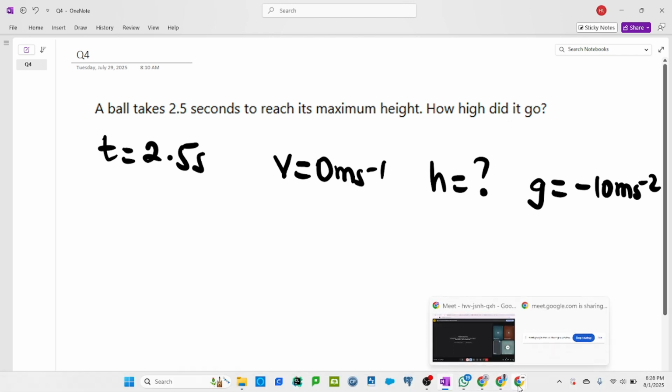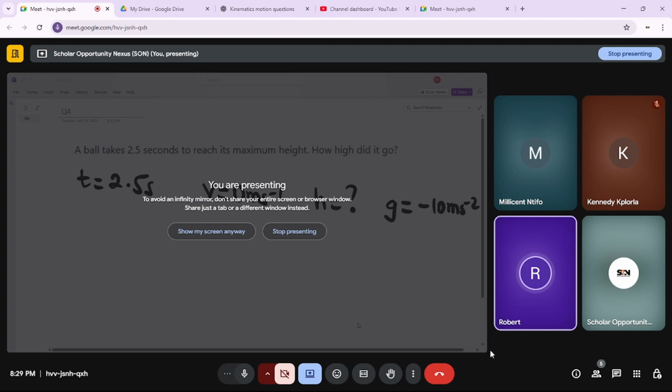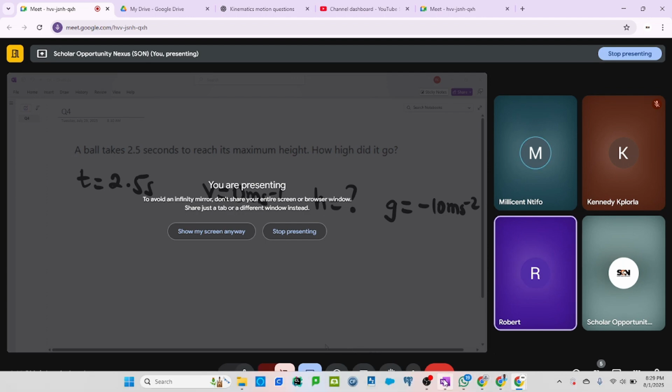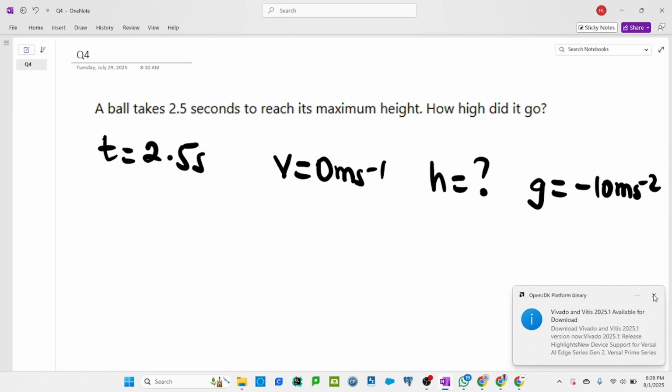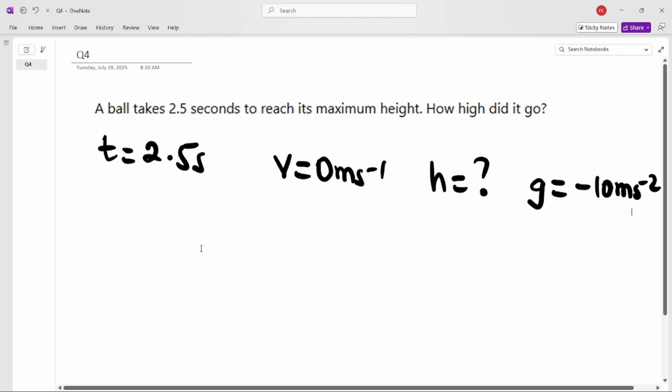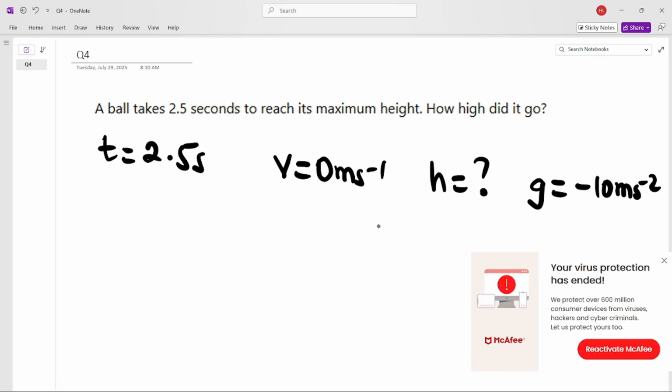We are using... take your time to select the equation. Kennedy, is that all the parameters though?